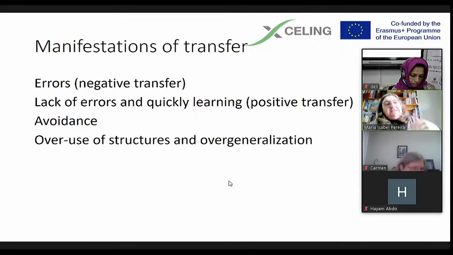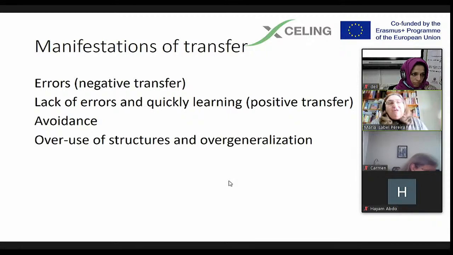And the overuse of structures and the overgeneralization is the opposite of avoidance, and it's also a consequence of avoidance. Because you avoid some structures, you are forced to use others that you already know, and you use them more frequently than you should.